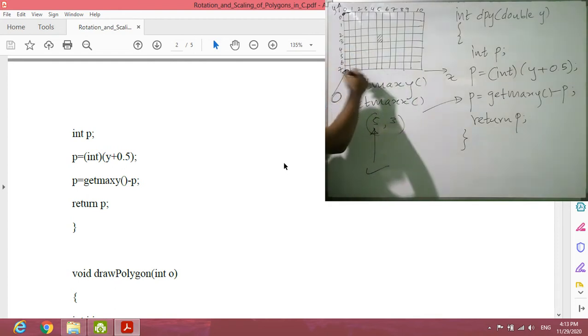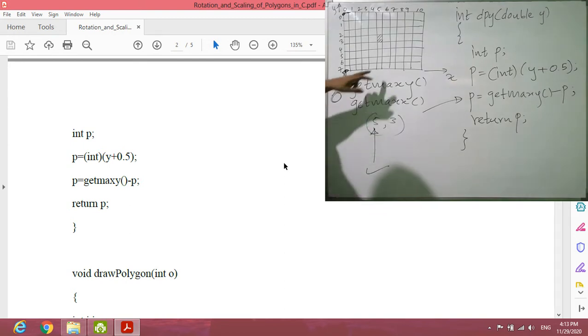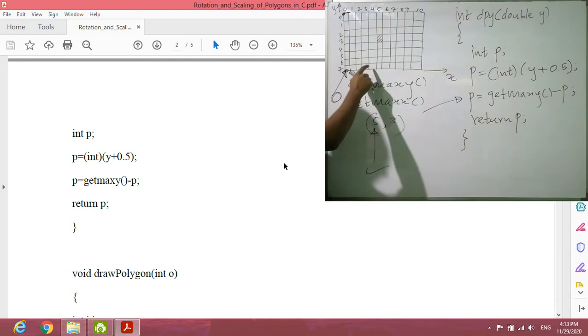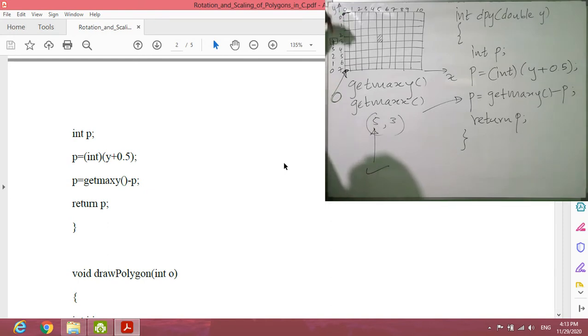So the x coordinate has no change, but y is not 3. Actually, if this is the origin, 0, 1, 2, 3, 4, it should be 4. You have to count not in this direction. And now it is 4.